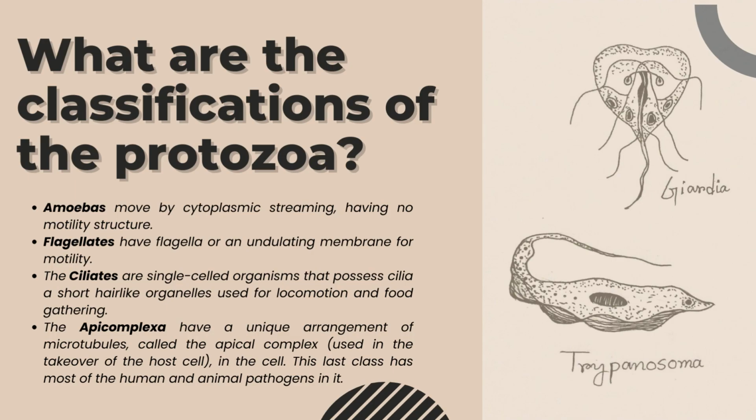The ciliates are single-celled organisms that, at some point in their life cycle, possess cilia, or short hair-like organelles used for locomotion and food gathering. The apicomplexa have a unique arrangement of microtubules, called the apical complex, used in the takeover of the host cell. This last class has most of the human and animal pathogens in it.